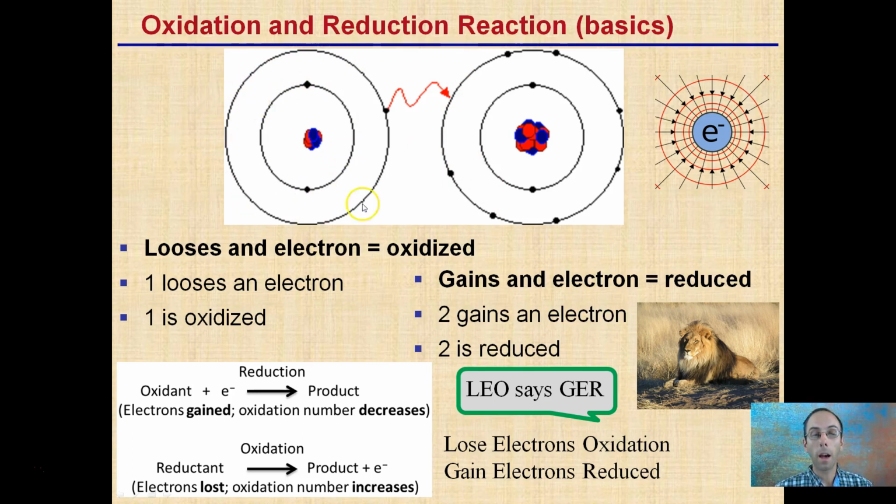So this would be the oxidized component, and this would be the reduced atom. This is oxidation and reduction, referring to the transfer of electrons. It may sound a little counterintuitive, but if you're gaining electrons, you're reduced, and if you're losing electrons, you become oxidized, gaining a more positive charge.